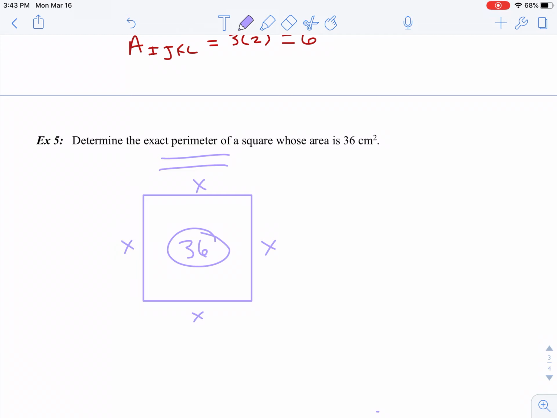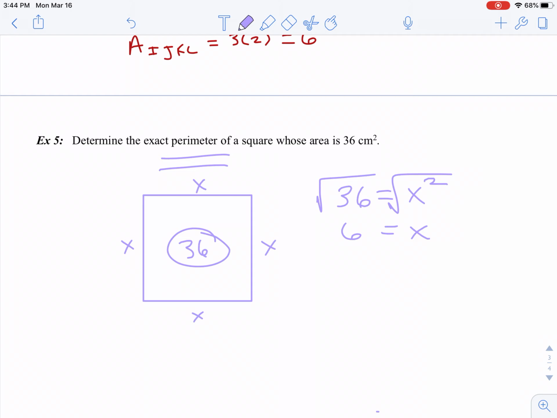Now, if I'm going to find the perimeter, I need to know what my sides are. Well, the area of a square is going to be base times height, but both base and height are the same. So sometimes we call that x times x or x squared. And so I can figure out that, well, if I square root both of these, I know that each side is a length of 6.